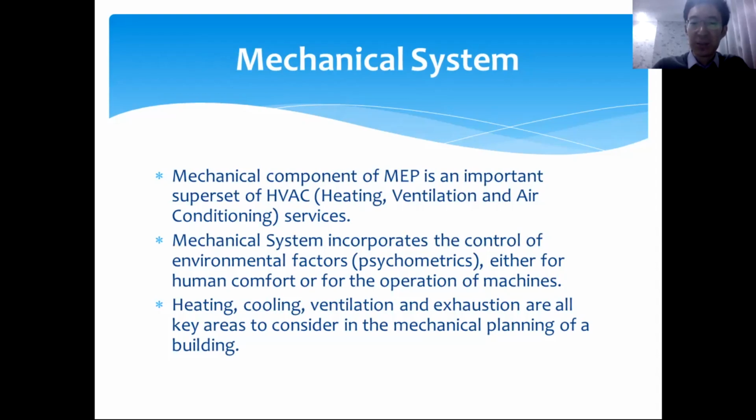It means that mechanical systems, even though they are mechanical and they do their job, their goal is to make sure that the human who is dealing with it feels comfortable, or machines can operate according to their technologies. Heating, cooling, ventilation, and exhaustion are all key areas to consider in the mechanical planning of a building.